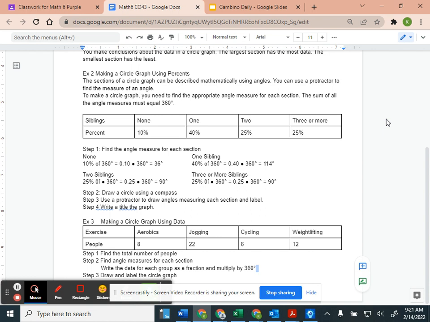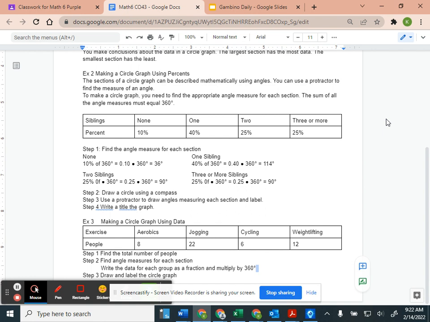Use a protractor to find the measure of an angle. To make a circle graph, you need to find the appropriate angle measure for each section. The sum of all the angle measures must equal 360.